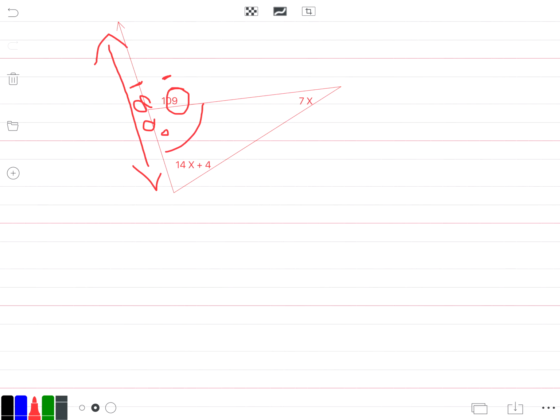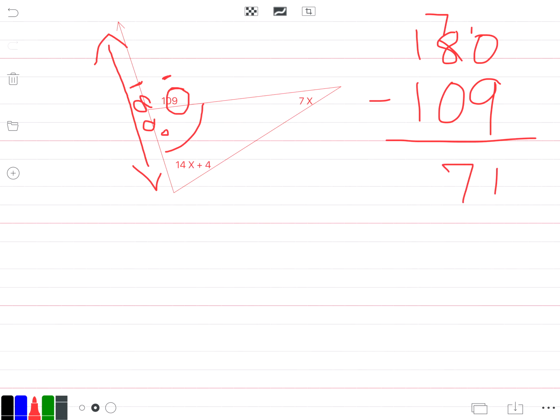So if they give you 109 degrees over on the top outside of the triangle, inside of the triangle has to be a number that's going to equal 180. So you need 109, and you could count up to get 180, or a quicker way is if you subtract, 180 total, they give you 109, so we could take that away. And that would give you 71 degrees.